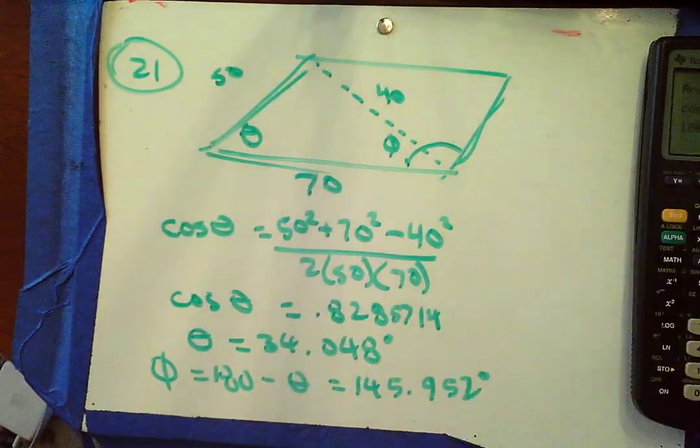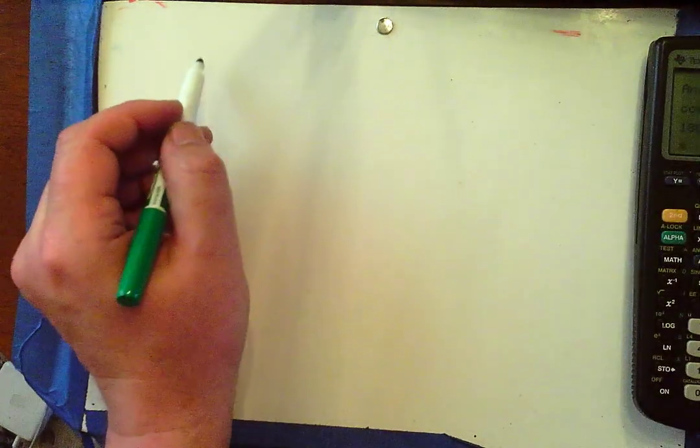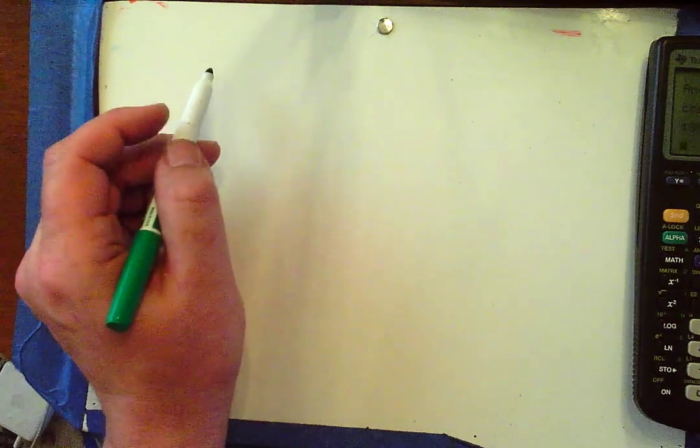On the back of the worksheet, problem number 22, if the resultant of two forces is a force of 60 pounds, find the angle the resultant makes with each component force. Okay, I'm thinking this might be better to do with law of cosines because they just give me magnitudes.